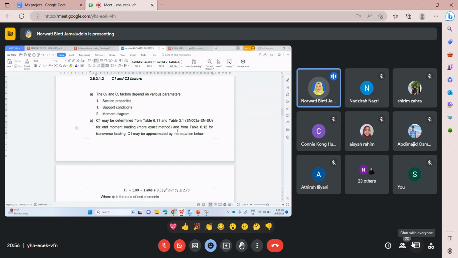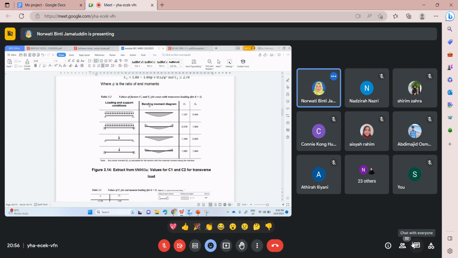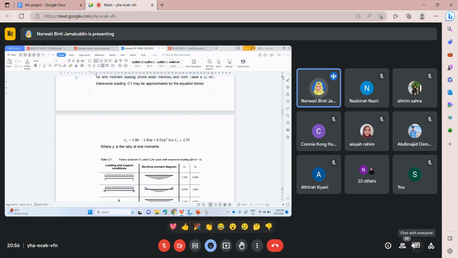You can use table 6.11 and table 3.1, which I already extracted in this module. C1 and C2, you can base on the table, which refers to a diagram like this one, or you can calculate manually using the equation.